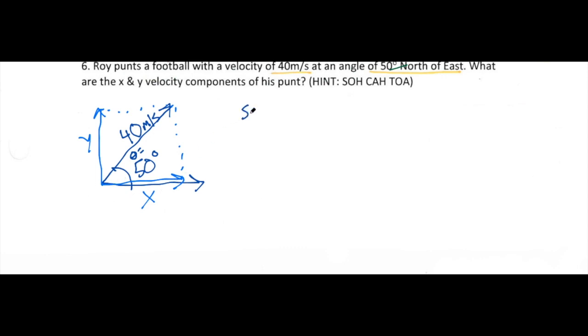So you can kind of pick either sine or cosine, because we don't have our opposite, we don't have our adjacent, so we can't do tangent. Because I have my hypotenuse, I can use either sine or cosine. So we've got sine of theta equals our opposite over our hypotenuse.